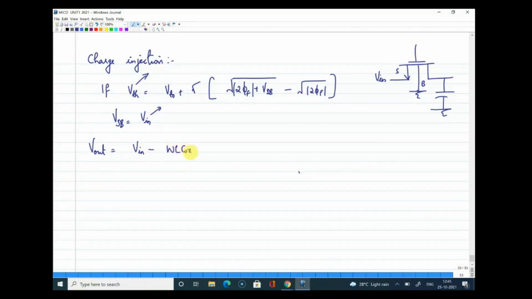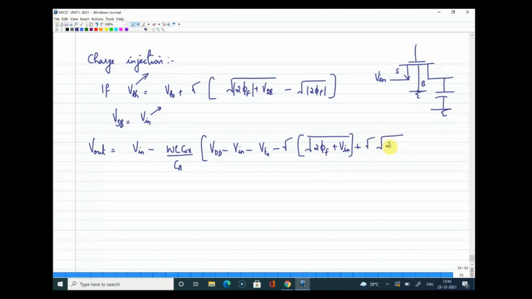In order to look at that as a nonlinearity, I'll write this expression WCox by Ch. And here I should write the complete expression as VDD minus Vin minus, in place of Vt, I'm inserting this entire equation. So it is Vt0, in place of plus gamma, I'll write minus gamma into root of 2 phi f plus Vin, again plus gamma into, again inside it was minus, so I'm opening the bracket and minus into minus is plus, the root of 2 phi f.